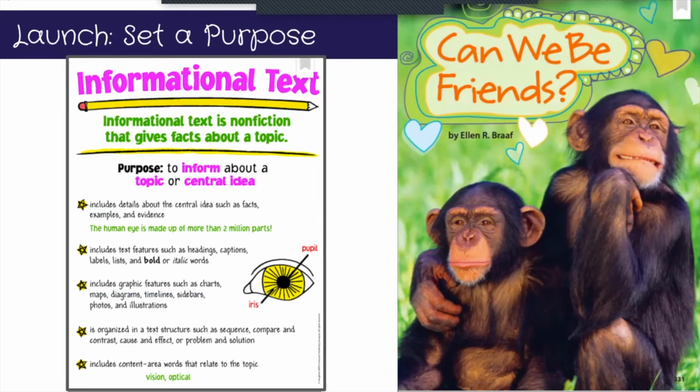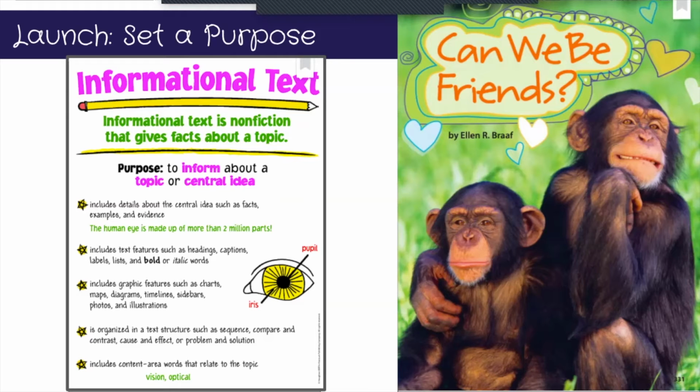All right, boys and girls, remember this week we will continue reading and reviewing everything we learned last week about an informational text. Remember, informational text is nonfiction because it gives us facts about a topic. The purpose of informational text is to inform about a topic or a central idea.